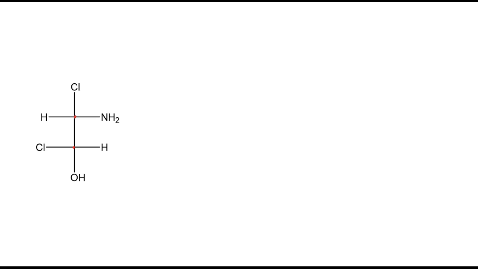You can see the first carbon on the top has an amino group, and the second carbon has a hydroxide group, and both carbons also have hydrogens and chlorines. Dash and wedge representations can also be used to indicate this very particular isomer that is shown here. First, you can think about translating the vertical bonds into bonds moving away from yourself, and the horizontal lines as wedges that are coming towards you.